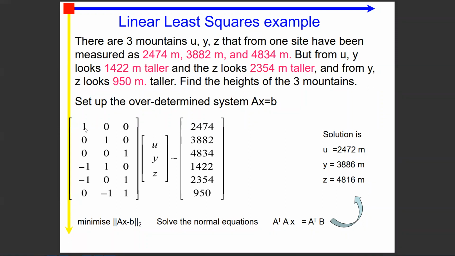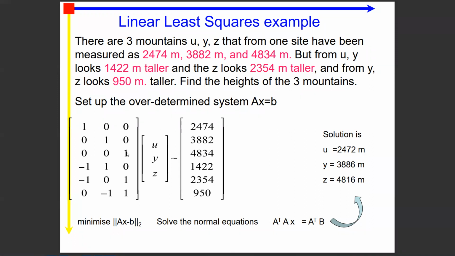So 1 times u is this, 0 times y is that, etc. Now the second equation is that y equals 3882. So we have 0 times u, 1 times y, so y is equal to 3882. So we have a second equation. And a third equation is that z equals 4834.